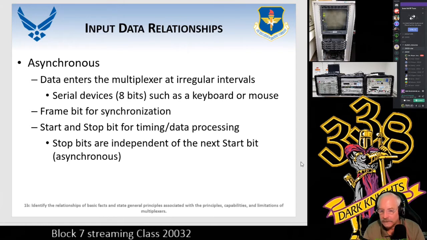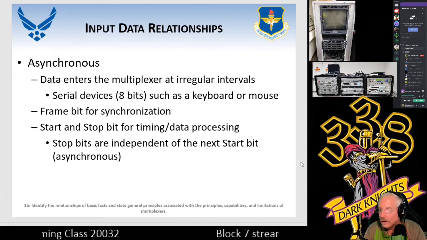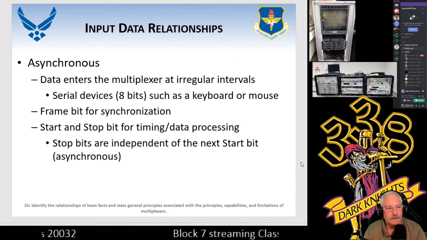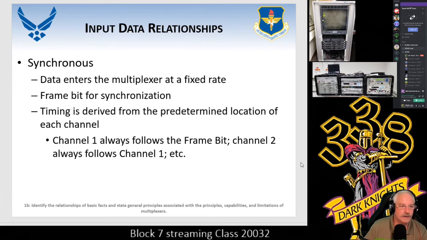Probably not. So that's what asynchronous does, and another example is a keyboard or mouse. How often do you use the mouse and keyboard all at once? Well, they do have stop and start bits, but I like to use it for synchronization when you're sending it down the line. We'll get into that in just a minute.